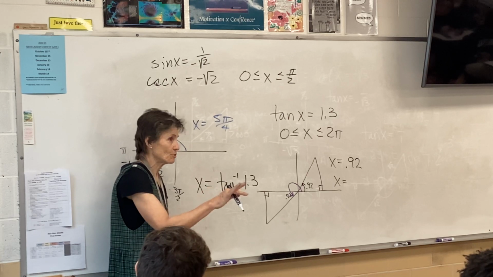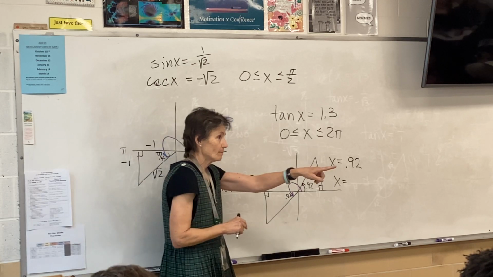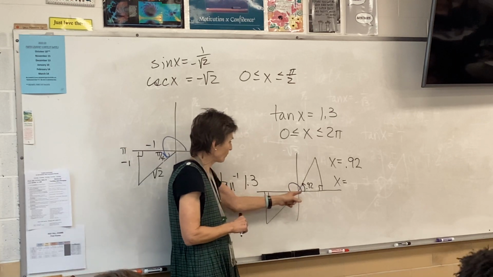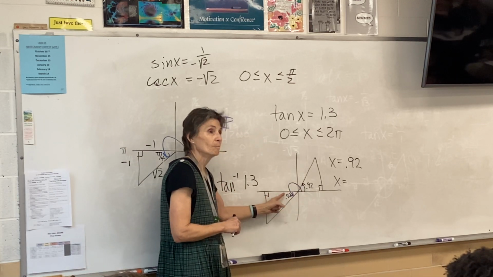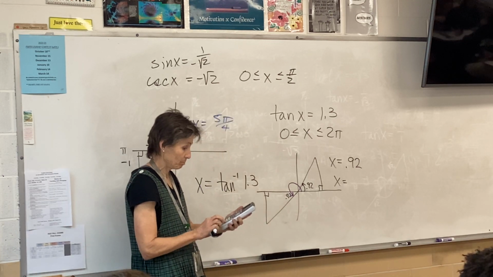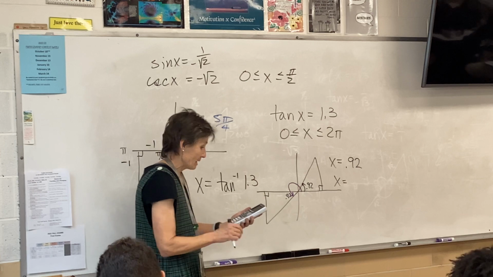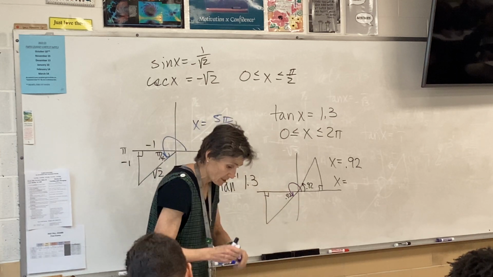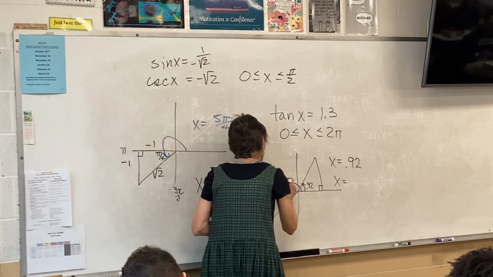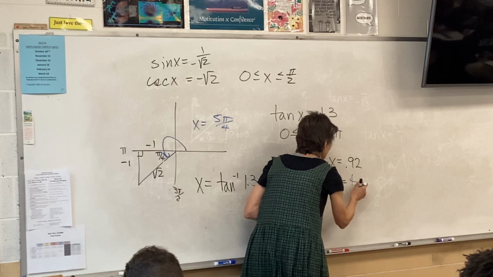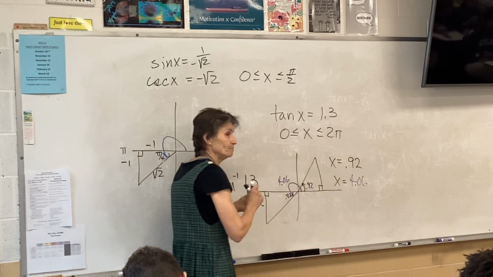No, you don't need to do that. Pi plus 0.92. Exactly. Isn't this purple thing just pi plus 0.92? So I'm just going to take my calculator out and get plus pi. And that purple angle is 4.06. And those are the two answers to the problem.